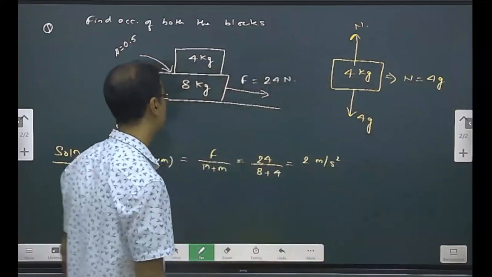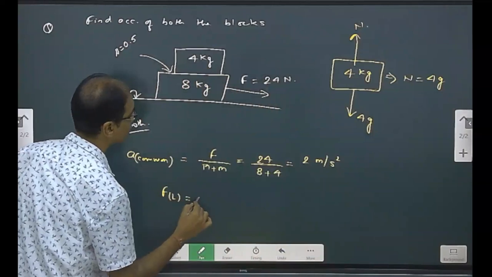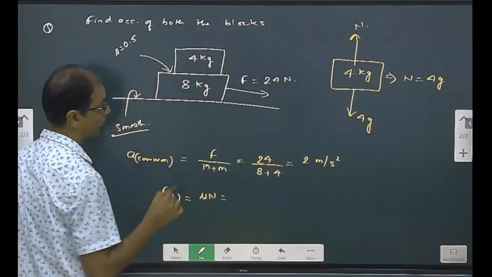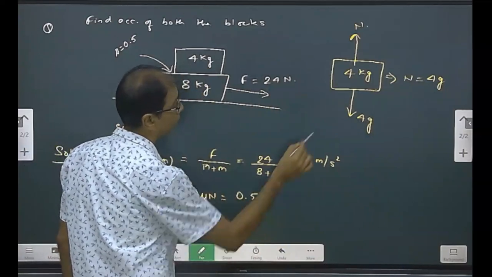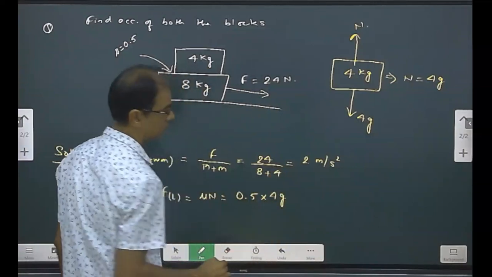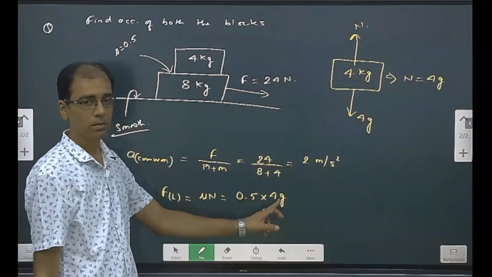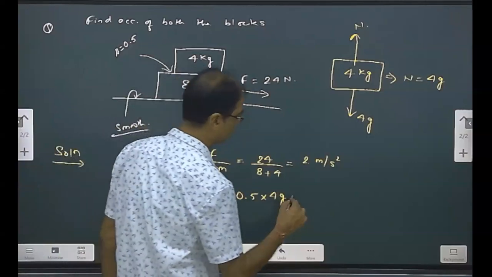The limiting friction is mu N. What is mu? Mu is 0.5 given here. And N value we got 4g. g is 10. 40 into 0.5, that is 20 Newton.